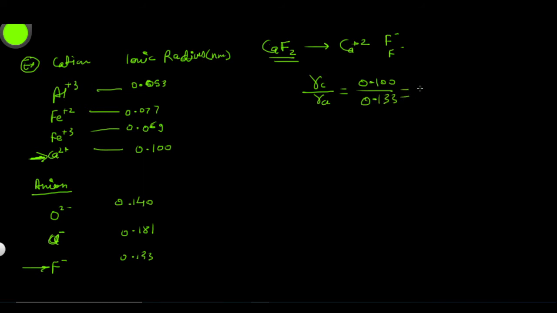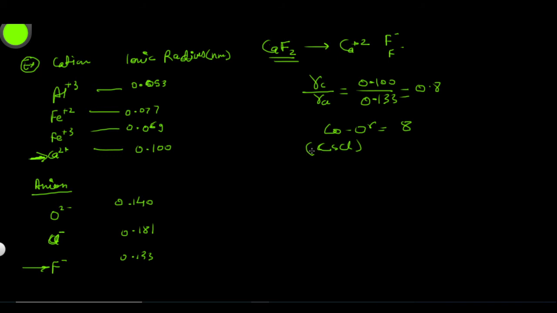After solving you will get 0.8 as the ratio of radius of cation versus anion. So coordination number will be 8. And an example of this type of compound is cesium chloride, CsCl.